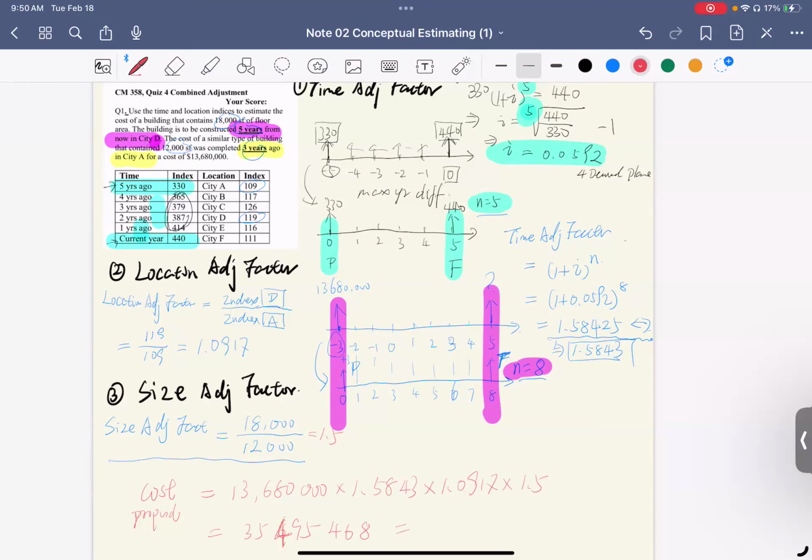So I get my number is 3,549,099. So that is the number I have here.